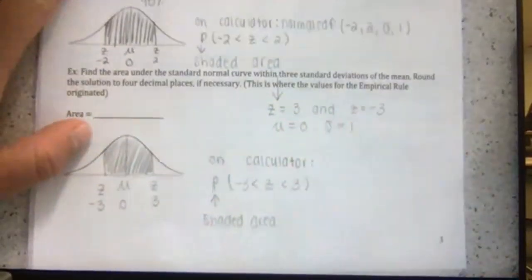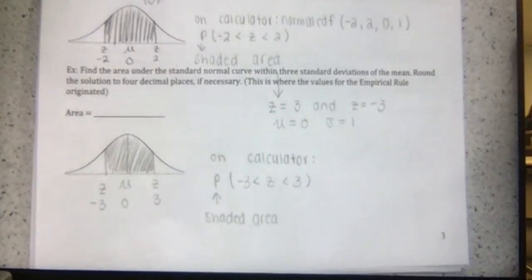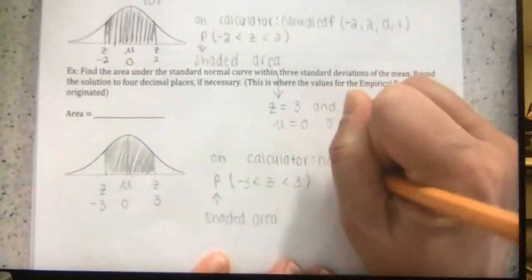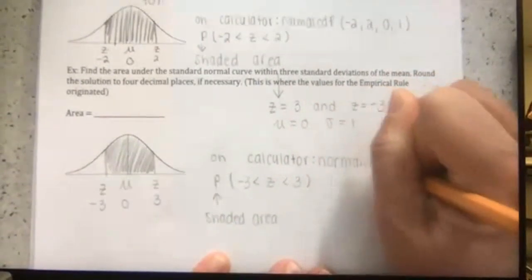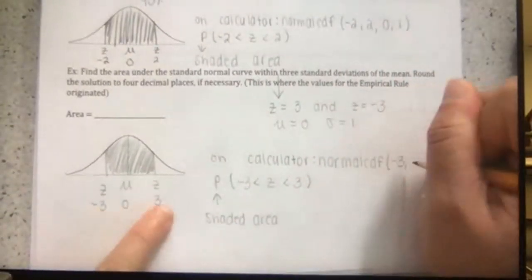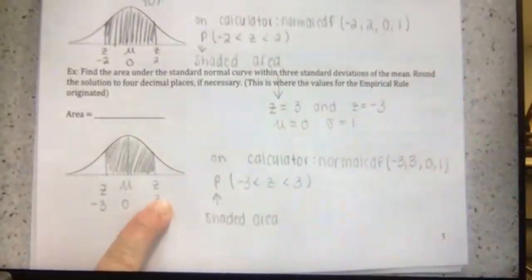So probability that -3 is less than z is less than 3. Remember, if we said less than or equals 2, it doesn't matter. It still would give us the same answer. We're still going to do normal CDF. Our lower limit's -3, our upper limit's +3, our mean is 0, and our standard deviation is 1.